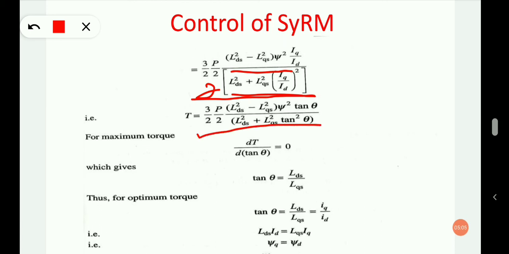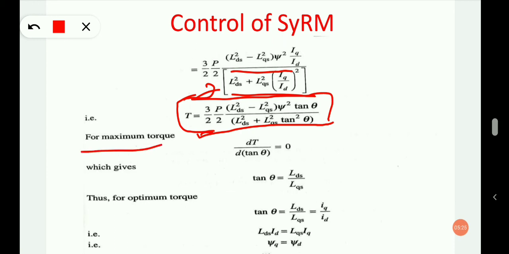So from this we can write the final torque equation as T equals 3/2 × P/2 (LDS square minus LQ square) psi square tan theta upon (LDS square plus LQ square tan square theta).